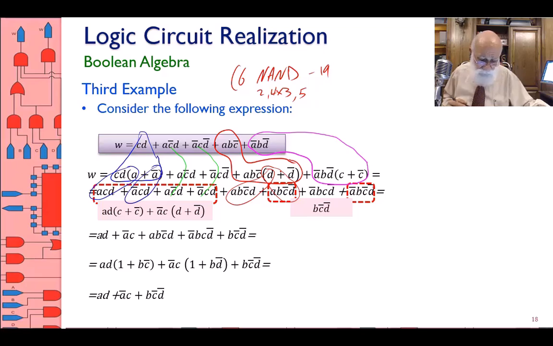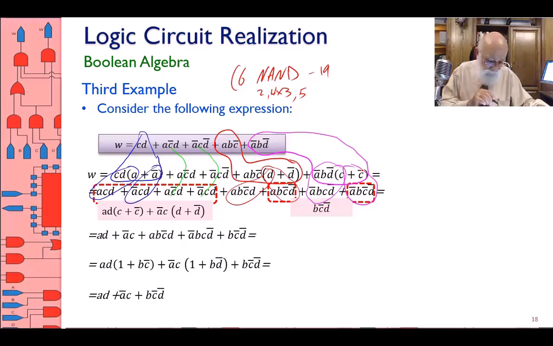All right, the last two become A bar B, D bar C, which is this, and then A bar B, D bar C bar. A bar B, C bar, D bar.